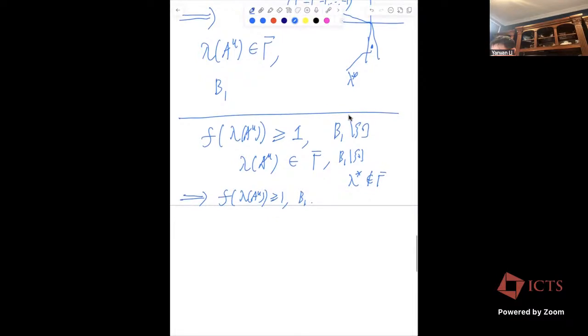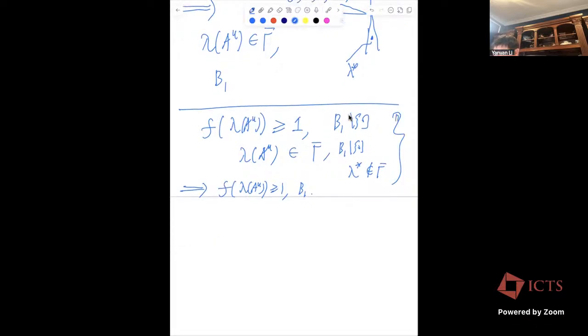Okay. So maybe next time I will give some discussion on that. So this is one ingredient, an important ingredient in proving that general Liouville type theorem.